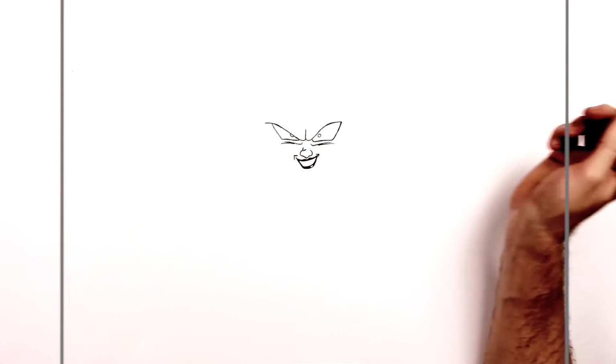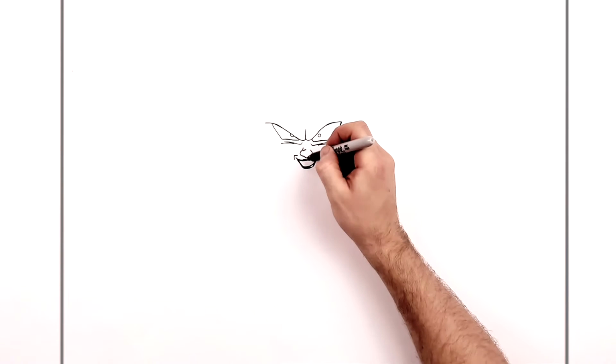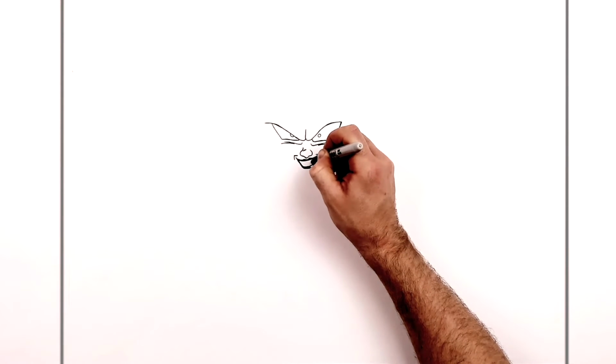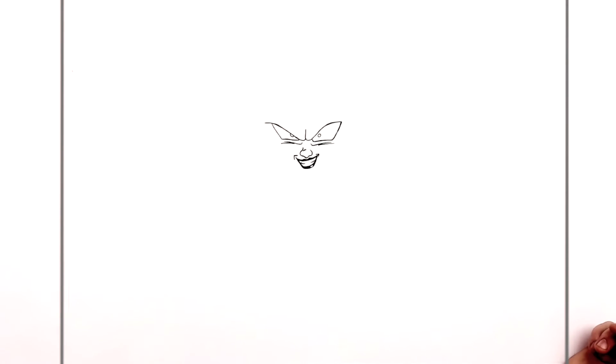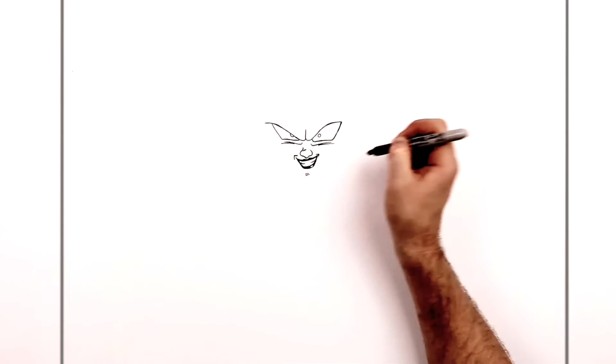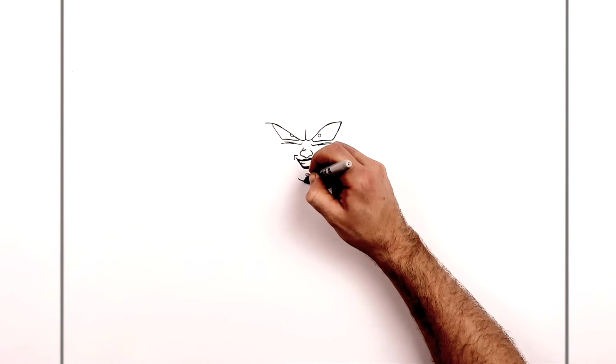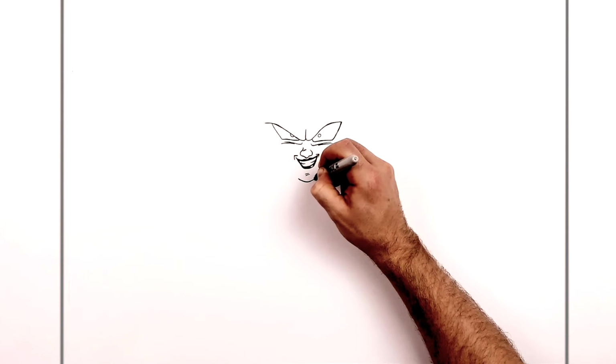When I'm doing it black, you could do it with a color if you wanted, of course. And then some teeth just coming across here and there. So we can see just the bottom lip line underneath, like so. And then his chin, kind of a flat chin, like so.